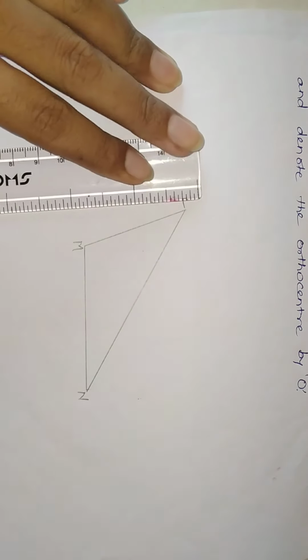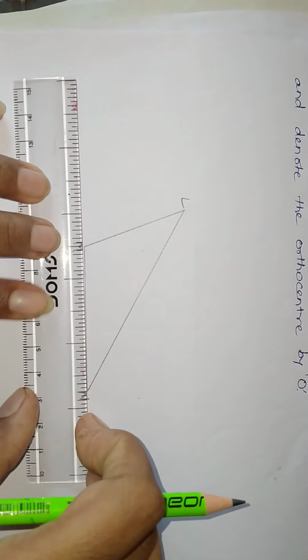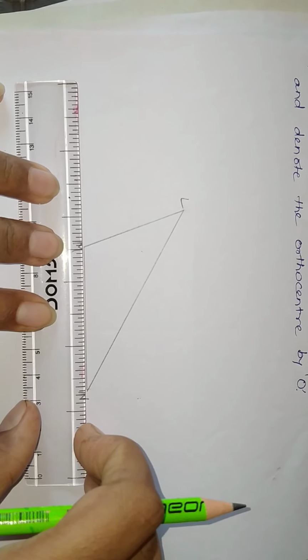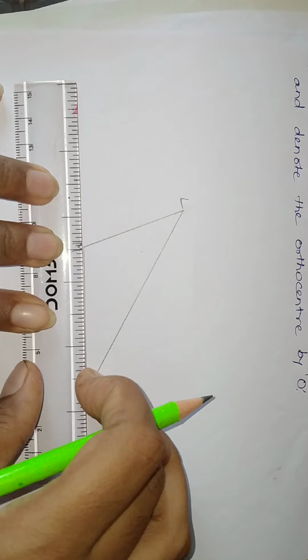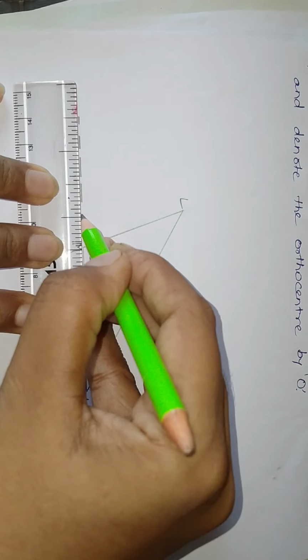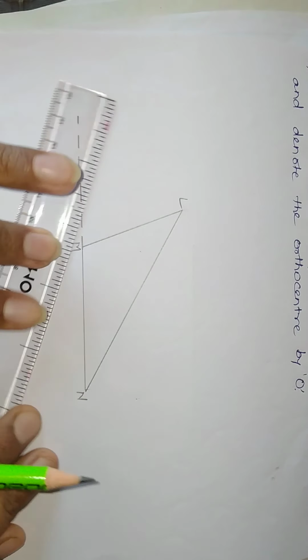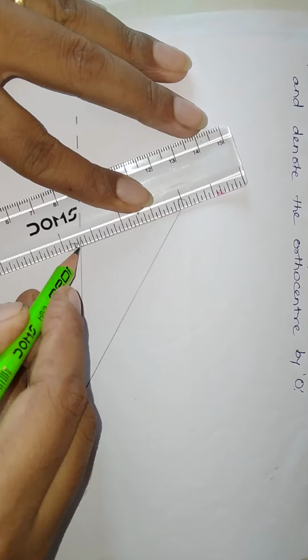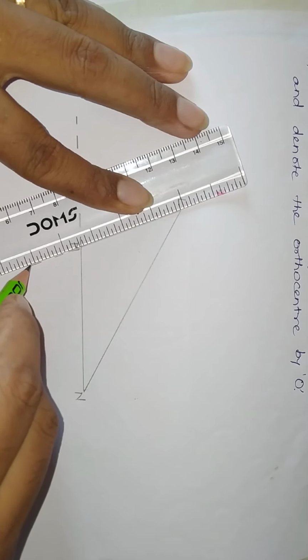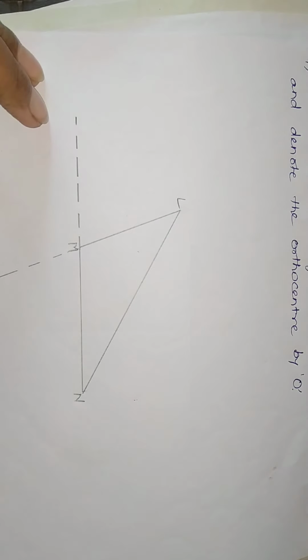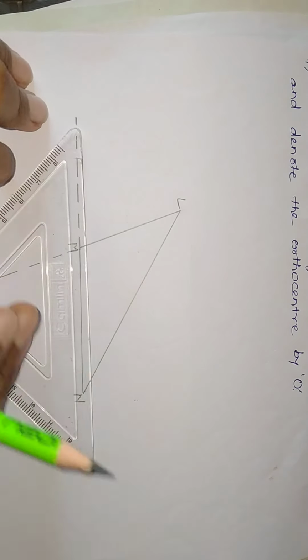So we have to extend these sides. We will extend this by a dotted line. This side also we have to extend. Now we will draw the altitudes.